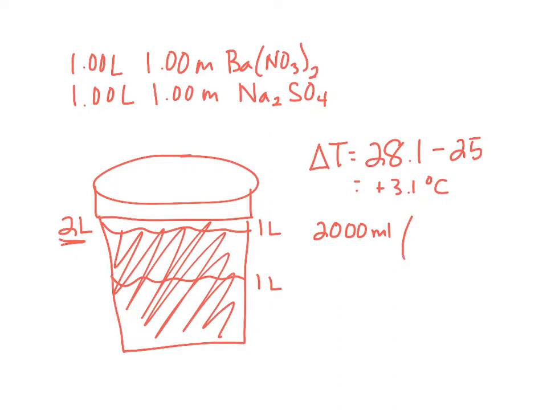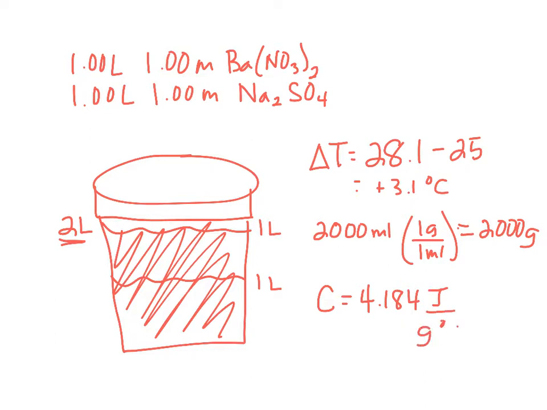And if the density of the solution is 1 gram per milliliter, then the mass of our solution is now 2,000 grams. And the only other thing that they gave us a piece of information for was the specific heat. And they said the specific heat is 4.184 joules per gram degrees Celsius.